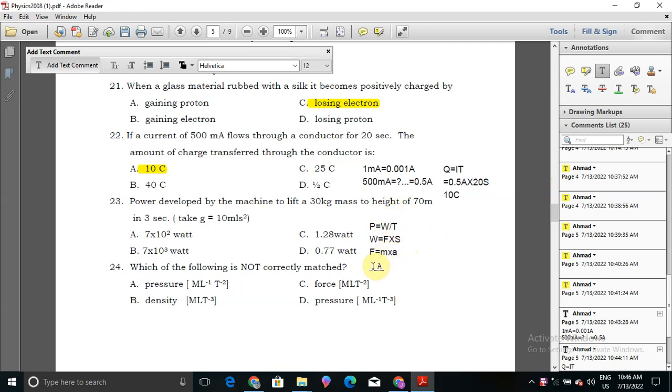First of all, we'll find force, that's mass times acceleration, and acceleration is the same as gravity, that 10 meter per second square, because acceleration is equal to gravity, the same thing. So that means acceleration, or both of them, is equal to 10 meter per second square.